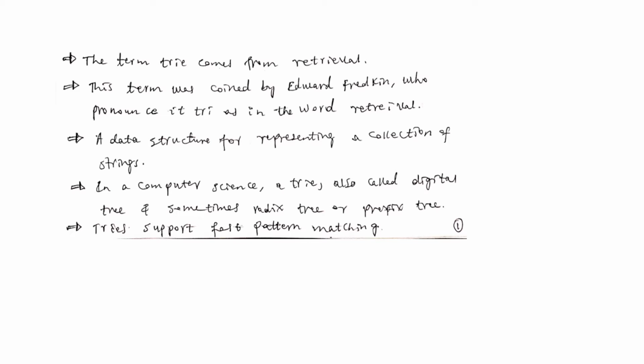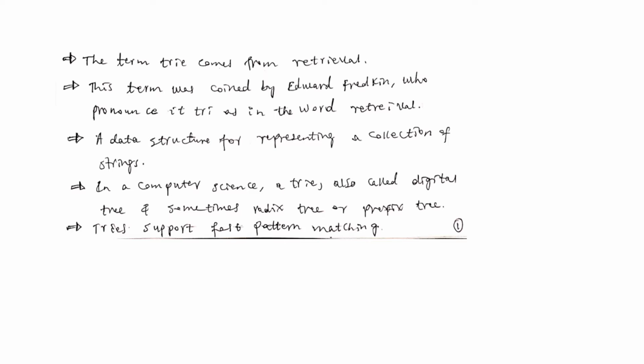This trie comes from retrieval. This term was coined by Edward Fredkin, who pronounced this trie as the word retrieval. A data structure for representing a collection of strings is this trie data structure.